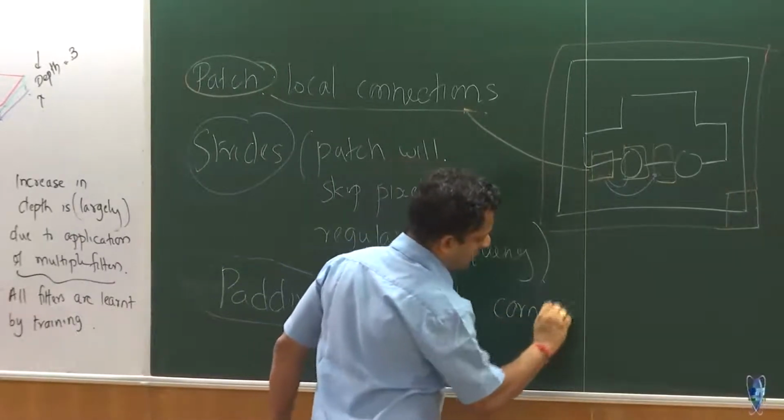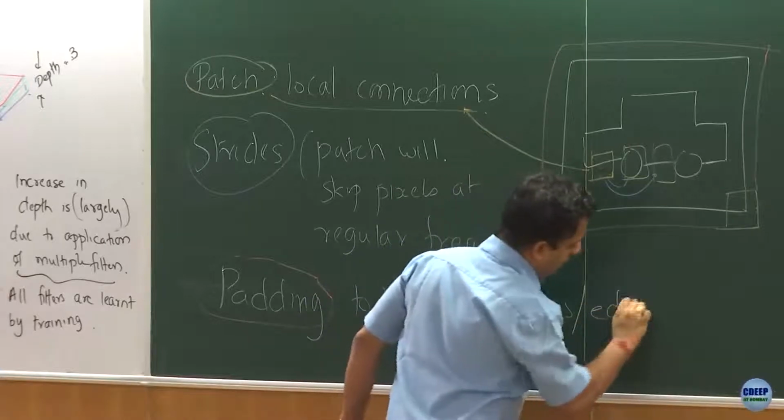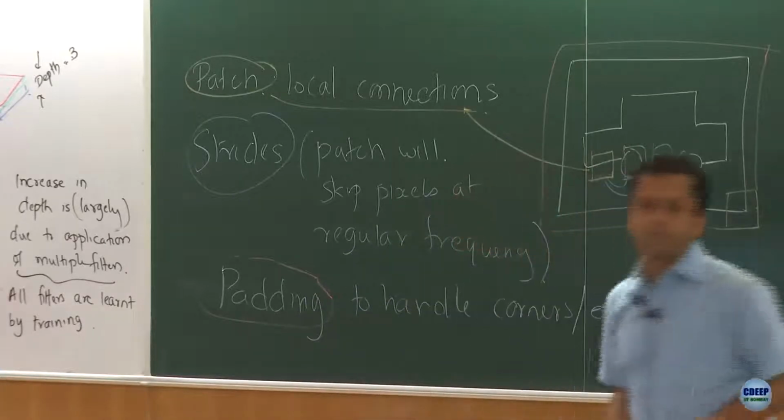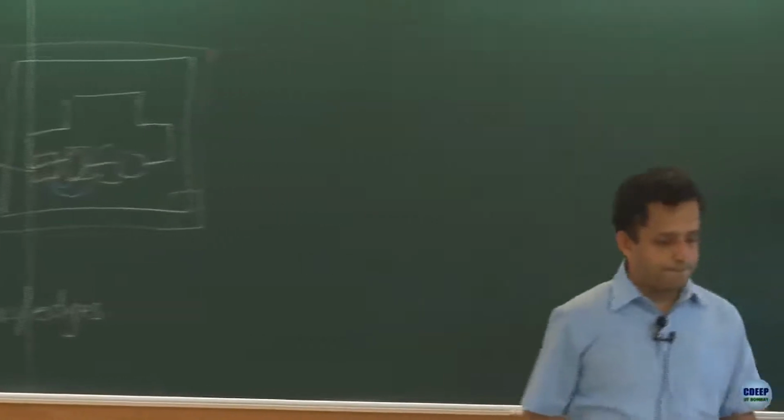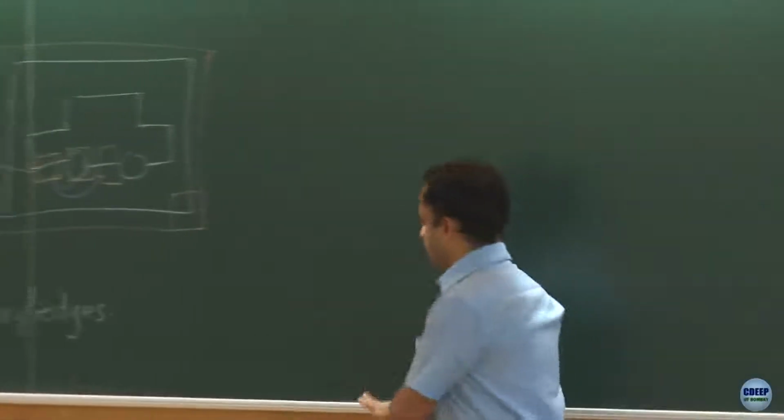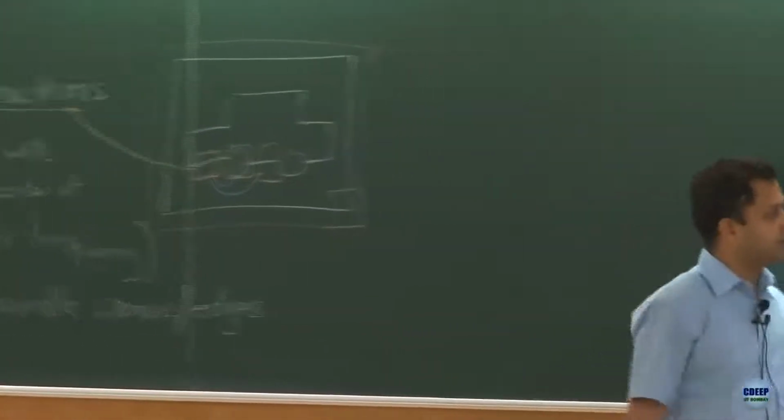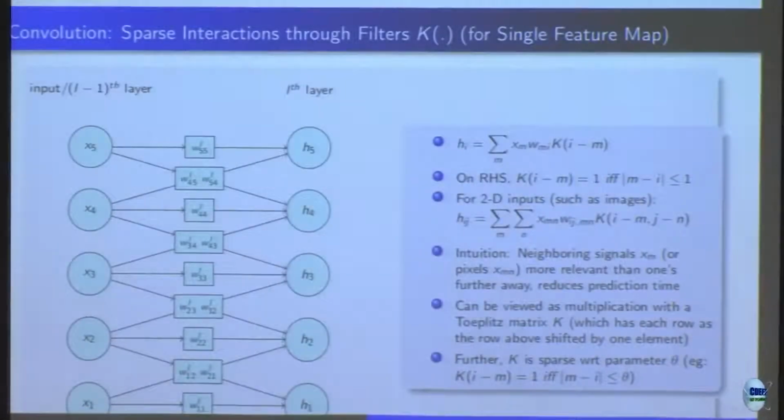Corners, edges. Now even after this, we may want to do something more, and that is pooling. But let's quickly recap what each of this was doing.